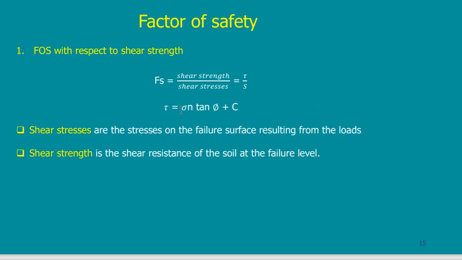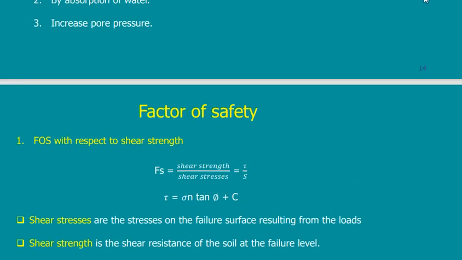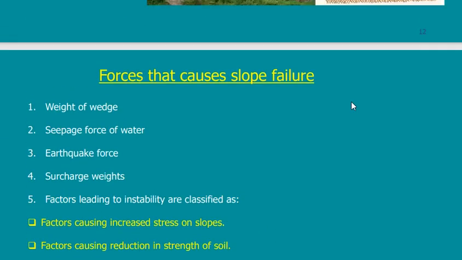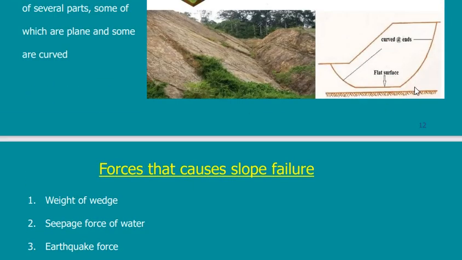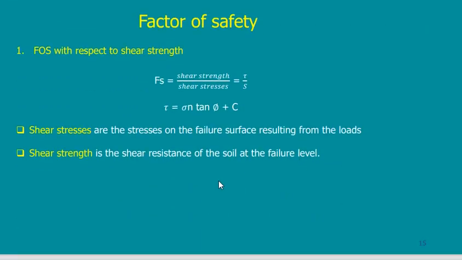So this is the factor of safety. In the case of soil and shear strength parameters, the factor of safety will be tau divided by S. Tau is the shear strength, which is the maximum that the soil can carry. The soil can carry a maximum force of so and so.